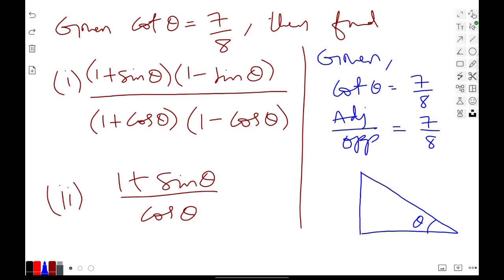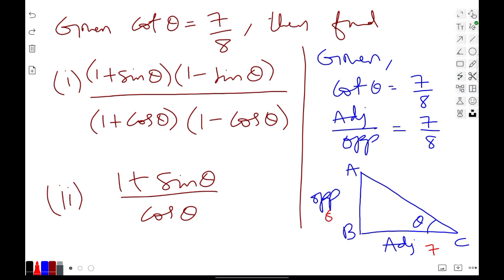With respect to angle theta, this is the adjacent side, and name it as ABC. BC is the adjacent side and AB is the opposite side. So BC is the adjacent side, that is 7, and AB, which is the opposite side, that is 8.